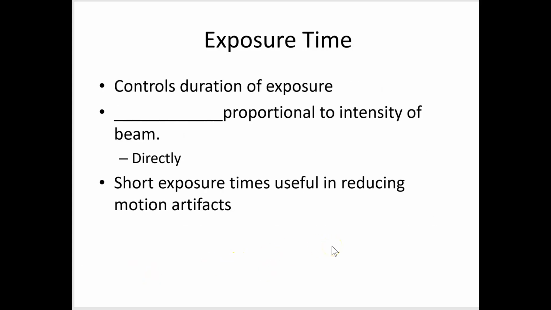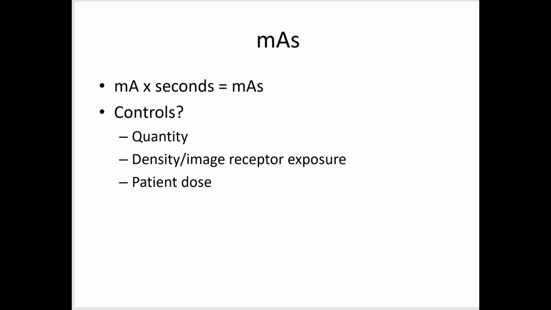Now, we all know exposure time controls the length of the exposure. It is directly proportional to the intensity of the beam, and we usually use shorter exposure times to reduce motion artifacts. All right, mAs, mA times seconds equals mAs.